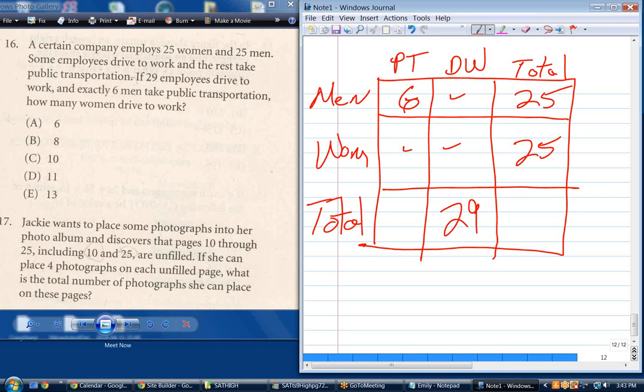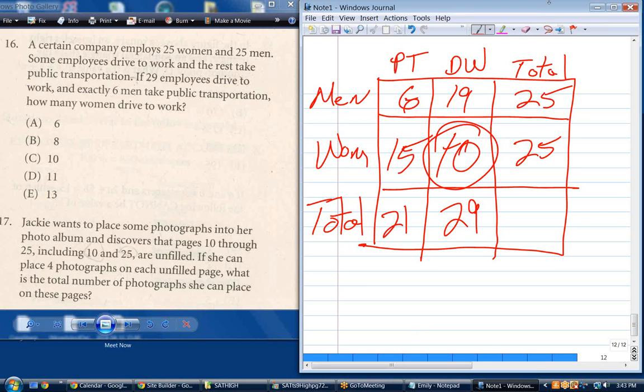Do you see now how I can algebraically solve it? In other words, men who drive to work has to be 19. That means women who drive to work has to be 10. We're done. But it also means women who take public transportation would have to be 15. The total that take public transportation would be 21.